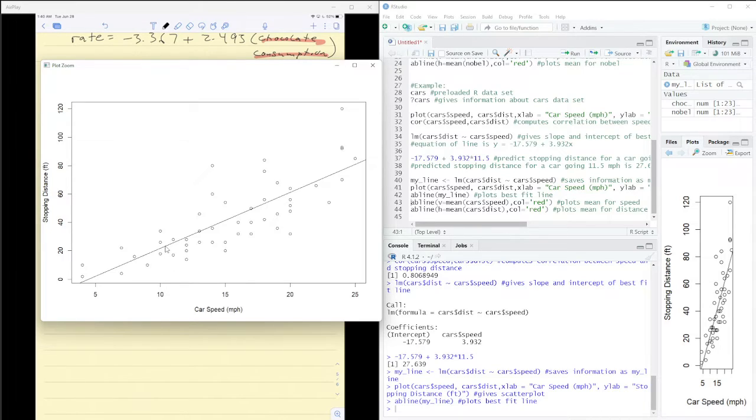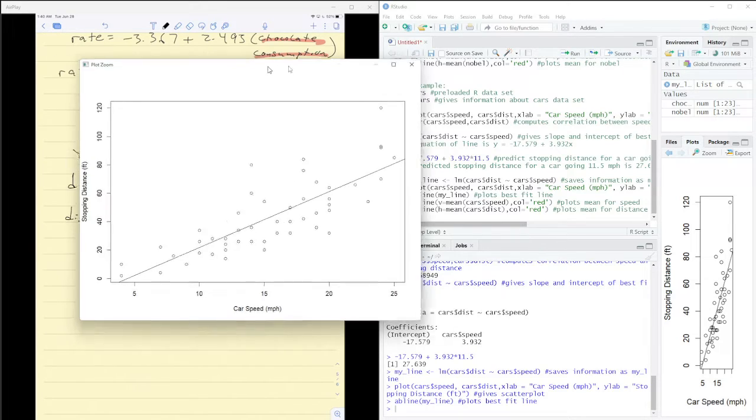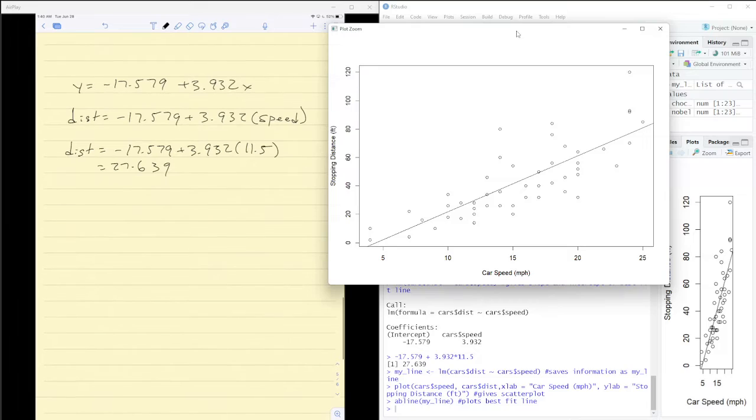Now, when you're making predictions, you have to be careful. You need to keep an eye out for two things. Interpolation and extrapolation. Extrapolation is making predictions outside the range of your data.